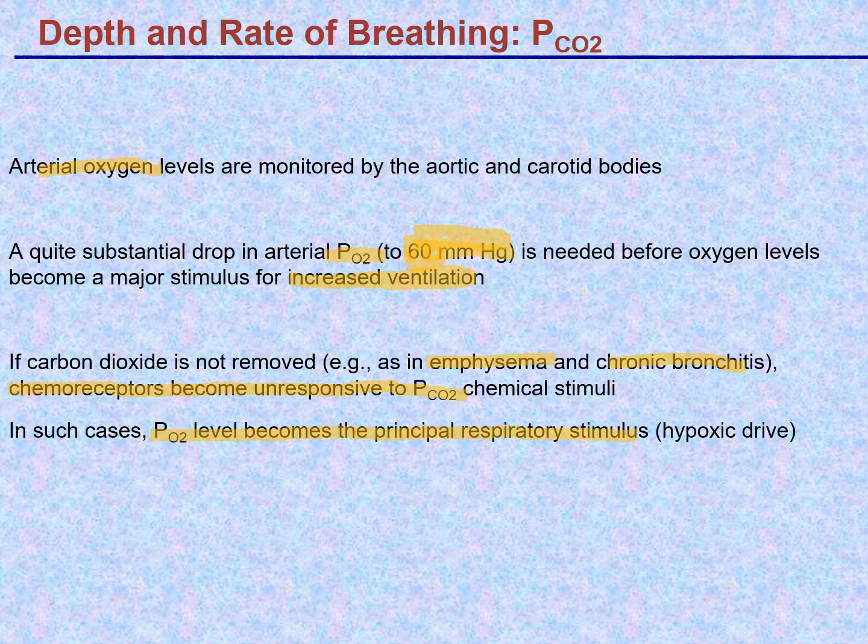That situation is called hypoxic drive, where the main driving effect on the rate and depth of ventilation is due to the PO2 level, because the person with chronic hypercapnia stops responding to PCO2. So when the PO2 level drops far enough, then they'll respond. Hypoxic drive is the driving stimulus for the respiration rate.